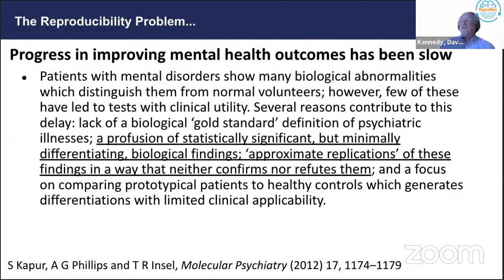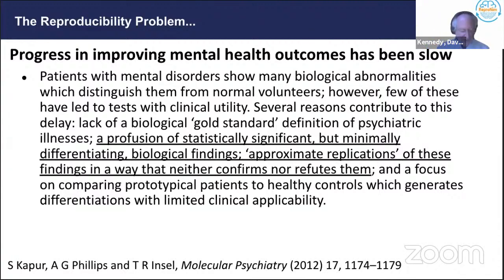We get lots of publications. There's no lack of things that we publish, but these significant observations tend to be minimally differentiating in terms of the biologic interpretation of them. They only support approximate replications in sort of superficial ways that make it very hard to either confirm or deny a particular observation.